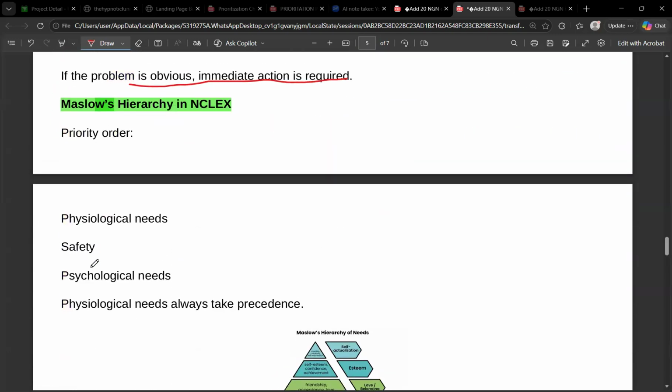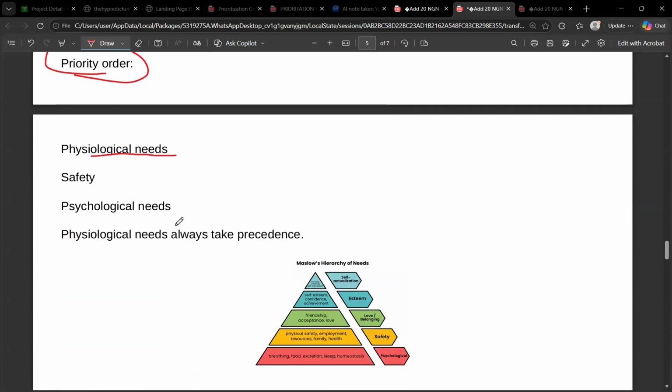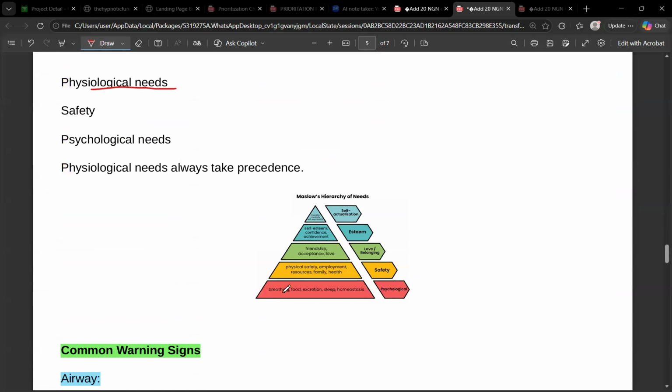Next is how we can prioritize the need. The priority order is, first, we meet the physiological needs of the patient: food, shelter, air, that means breathing, sleep, and homeostasis, that means normal functioning of the body, and adequate intake of food.